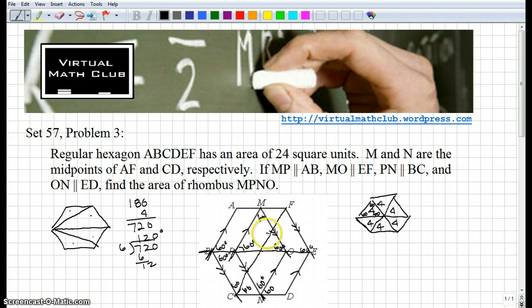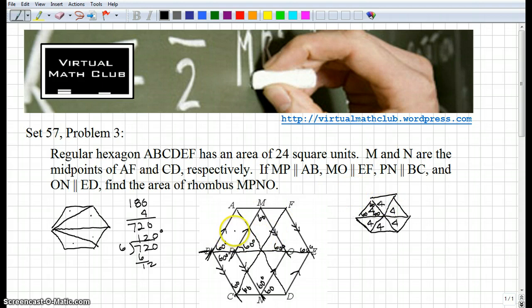So this has to be 60. So this rhombus in the center is actually made up of 2 equilateral triangles, and those 2 equilateral triangles, if I were to draw in all the diagonals, so this essentially is this.